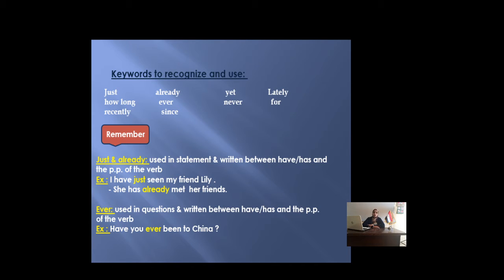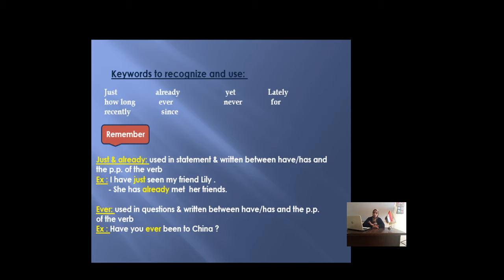As we know, you have to use keywords to know which tense we are in. So our tense here, as we said, is the present perfect tense. What are its keywords? To know that you are in the present perfect tense, you have to see one of these keywords in the sentence.